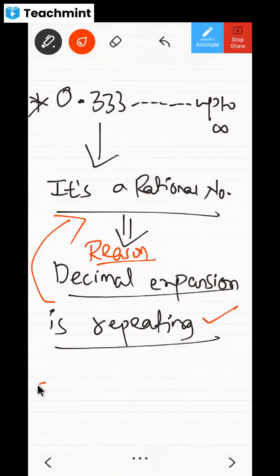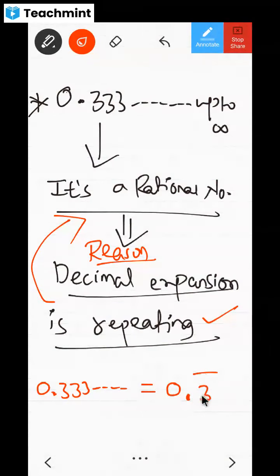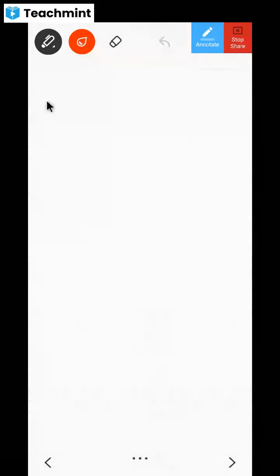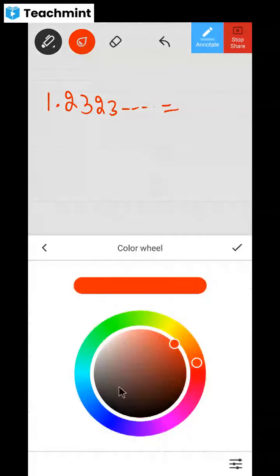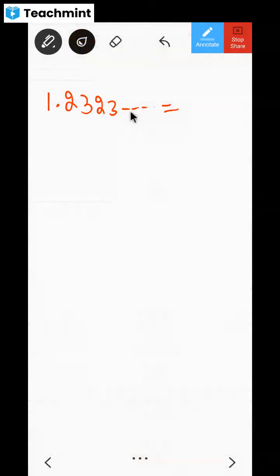Now, 0.33333 continuously can be written simply as 0.3 bar. If I write 0.3 bar, it means this 3 is getting repeated again and again. Let me give you one more example. If it is 1.2323 continuously getting repeated, 1.2323232323 going up to infinity, then this number can be written as 1.23 bar.